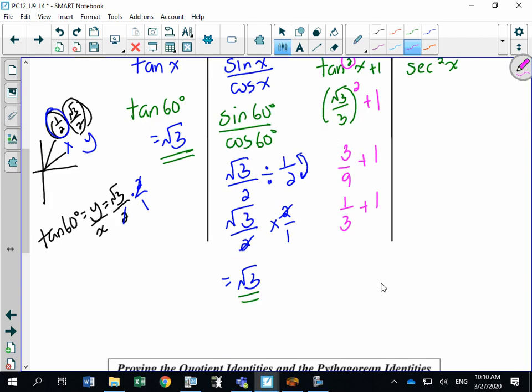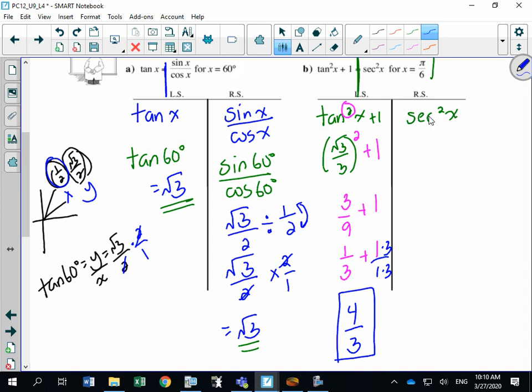And now I need to get common denominators. So this is really over 1, but I'm going to put that guy over 3 and this guy over 3. So then I would get 4 over 3. So my left-hand side is 4 over 3. If I get 4 over 3 on the right-hand side, then my identity has been verified.